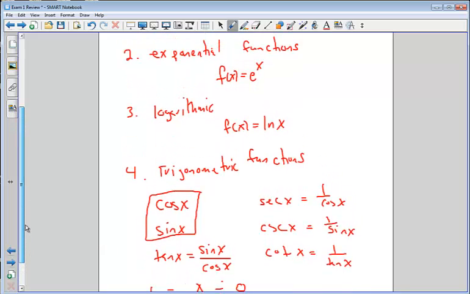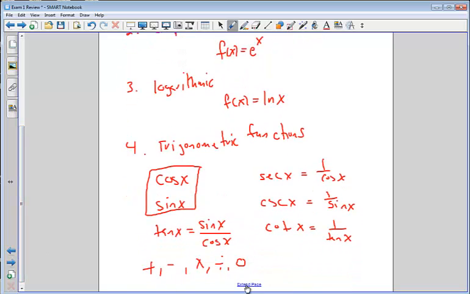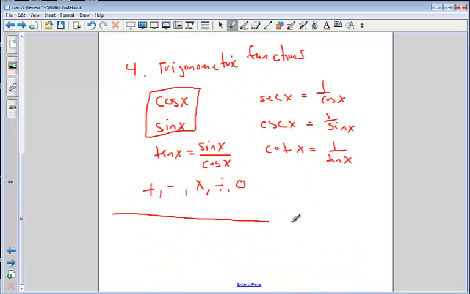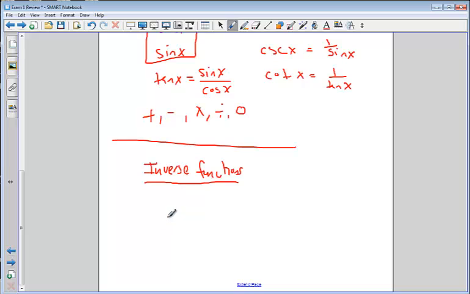Other types of functions we care about are inverse functions. So let's talk a little bit about inverse functions. The notion of an inverse function, the idea is I have a function that takes me one way. So let's say f of x equals, the standard example might be e to the x.